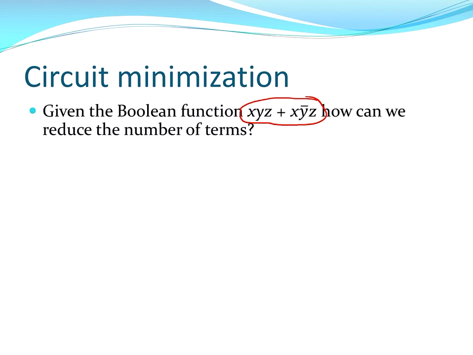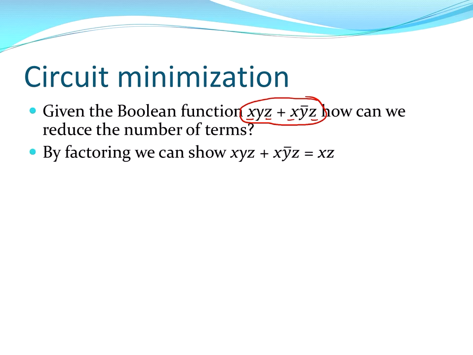It turns out that there is, because we can factor out the x and the z from each of these, and that would be x times z times the sum y plus y bar, which equals 1. And so we can show that this equals x times z, minimizing it. That's a much easier expression to deal with than the other one. Simpler circuit as well.